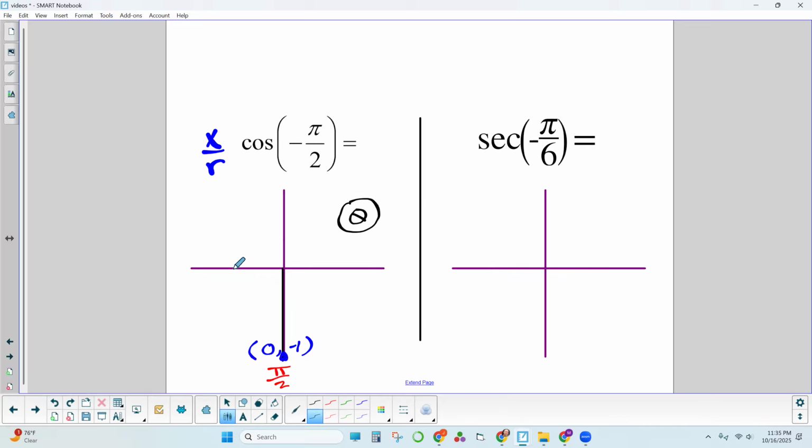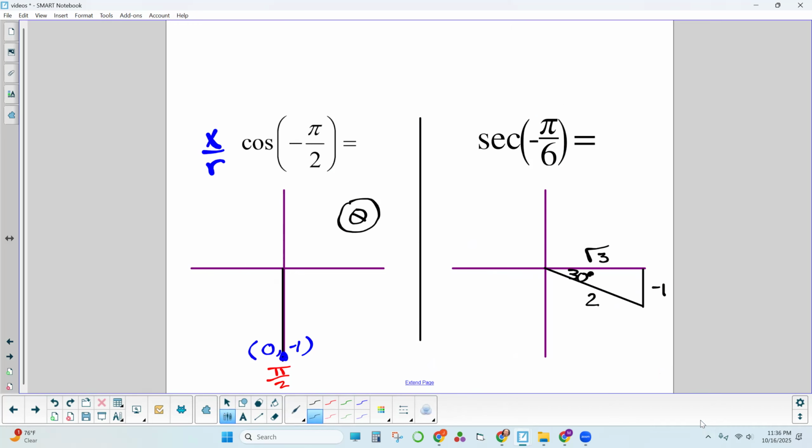And the last example, secant at negative pi over 6. Negative pi over 6 is right there, approximately. Draw my triangle. The 6s give me a reference angle of 30 degrees. Across from 30 is negative 1, across from 60 is square root of 3, and r is 2.